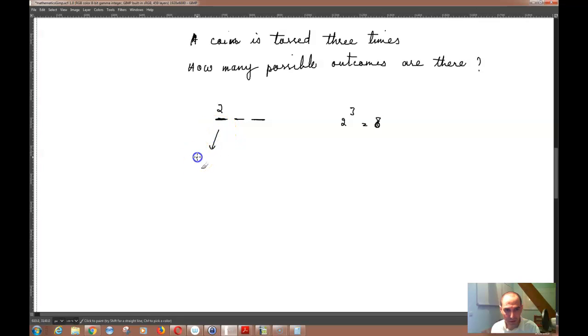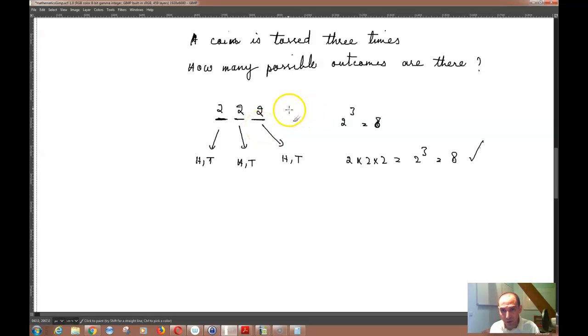Here you could get either heads or tails, and here you could get either heads or tails. So there are 2 ways of filling each placeholder. The total number of outcomes you would calculate by multiplying 2 times 2 times 2, which is equal to 2 raised to the power 3, which is equal to 8.